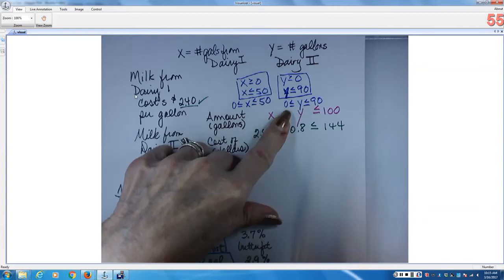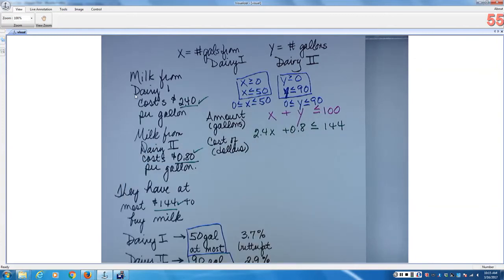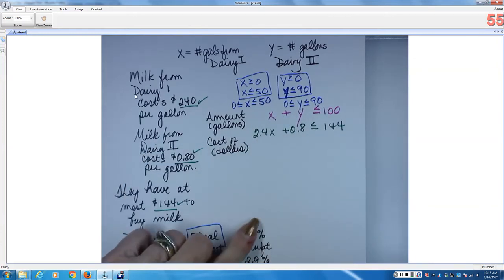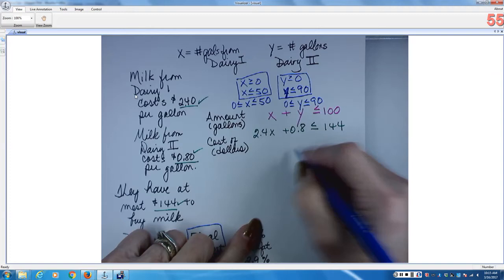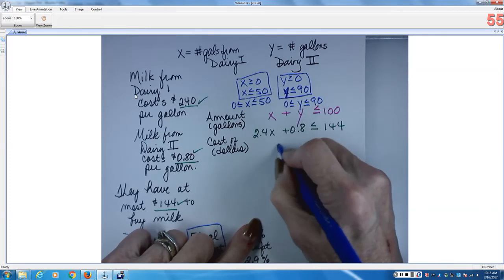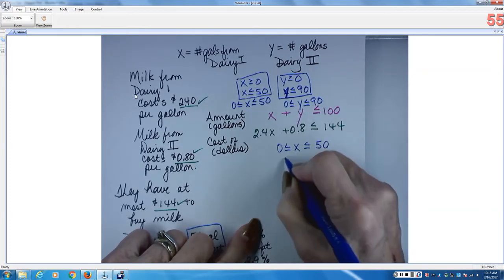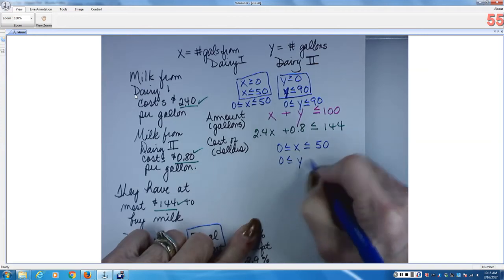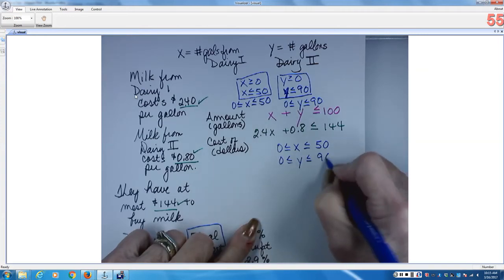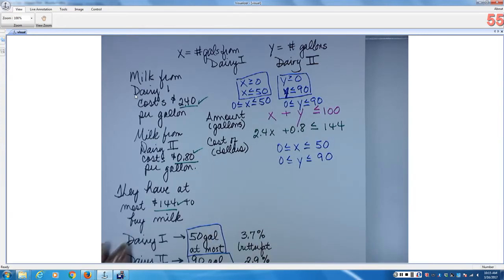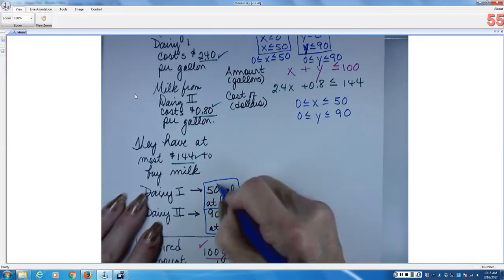The lowest it can be is 0, but the highest it can be is 90. So that's another constraint. So we've used up this information now.